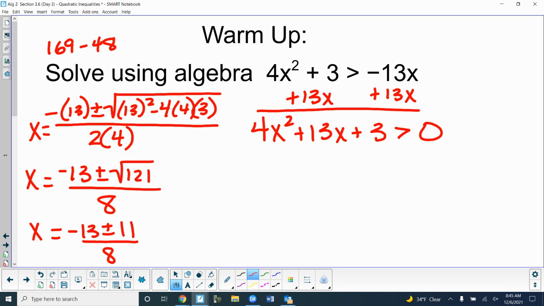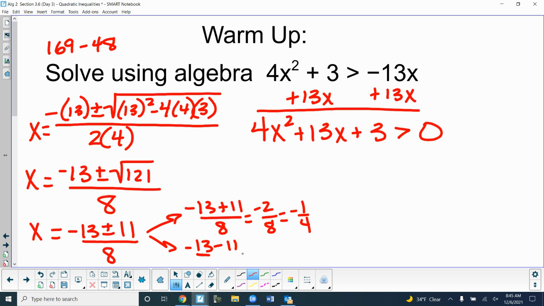So there's two problems there. Negative 13 plus 11 is negative 2, negative 2 over 8 reduces to negative 1/4. And then negative 13 minus 11, which is negative 24, divided by 8, is negative 3.